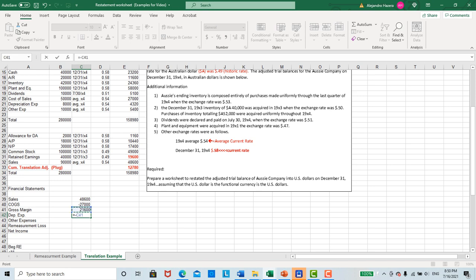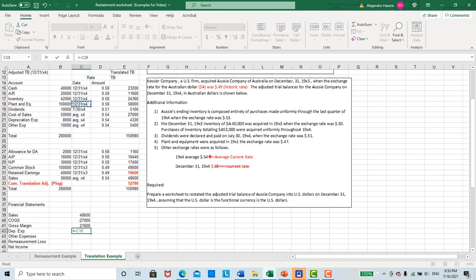Then minus your depreciation expense. Your depreciation expense is 4,320, incurred throughout the year. Your other expenses are 5,400. Or let's call it your remeasurement loss is 0, and you wouldn't even have it on here. I just adapted the other sheet.